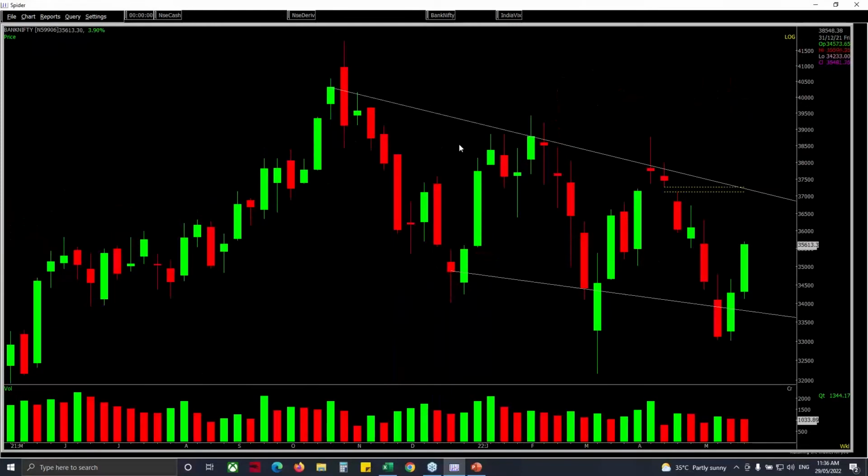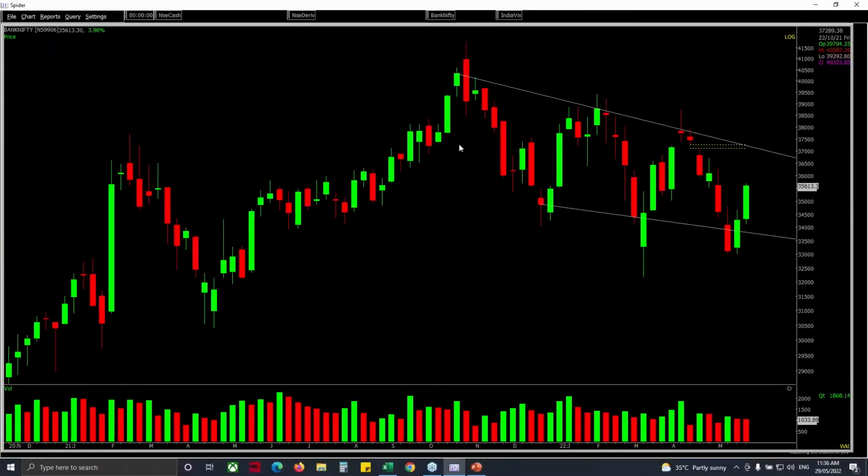Let's go to the weekly chart to get a clearer view. One thing that can be noticed is that whatever downside consolidation was happening was maintained.